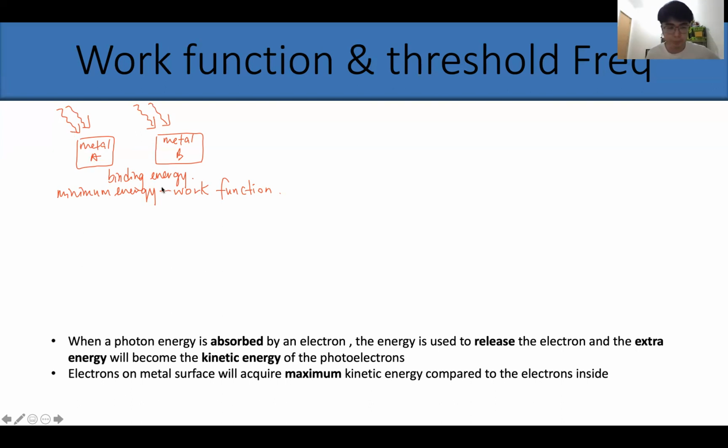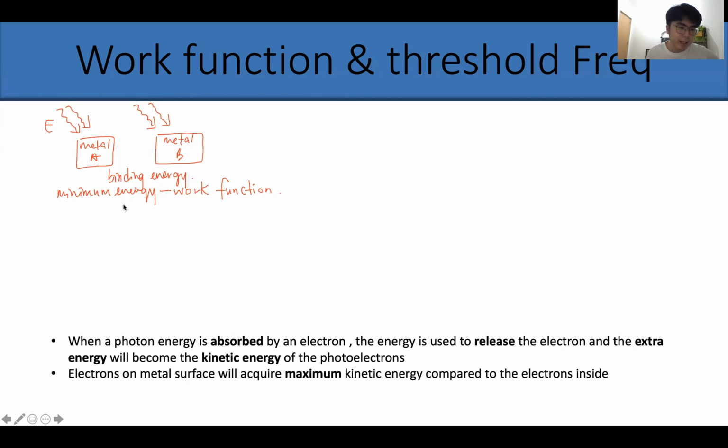If the energy of the wave is smaller than the work function of the metal, then there will be no photoemission. So again, what is the work function? It is the minimum energy required for the electron to go out.